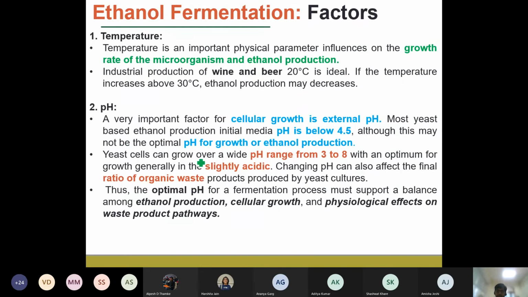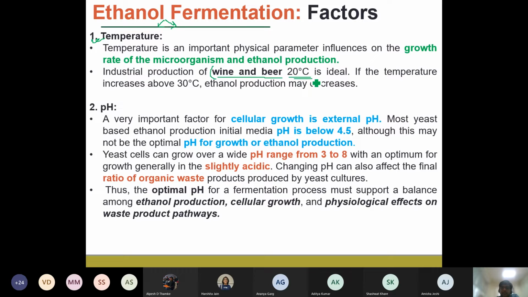Now there are different parameters that are known to affect the ethanol fermentation. The first parameter is the temperature. What is the optimum, ideal temperature? Now we have discussed that we will be talking of ethanol fermentation, generally one for fuel, and the other for, for example, beverages like wine and beer.